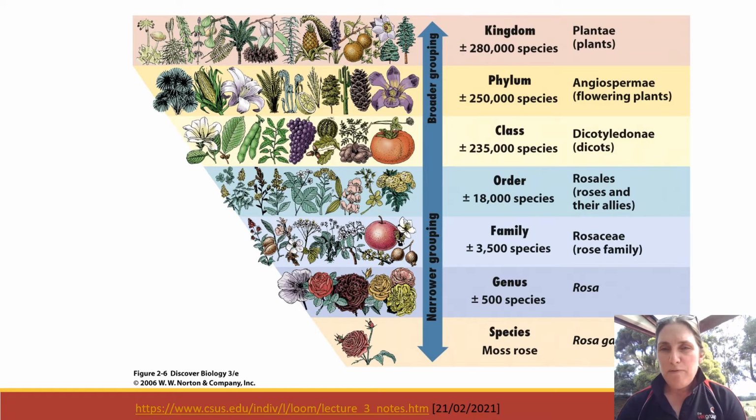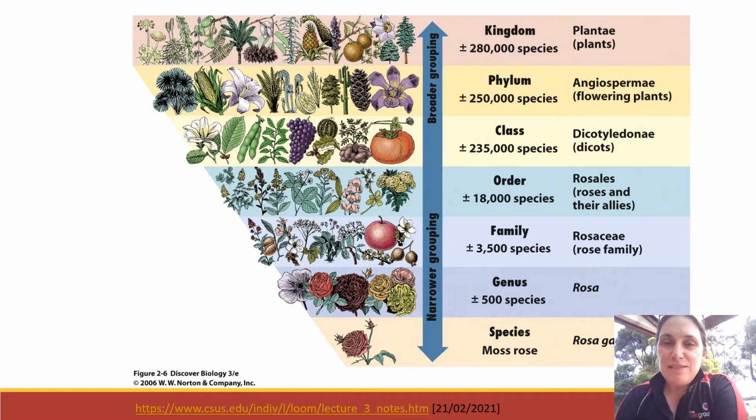I only put this slide in maybe 15 minutes ago because I thought it helps put in perspective the difference between identifying plants to the family level versus the species level. Scientists like to classify things, so up the top you've got the kingdom of plants with hundreds of thousands of different species.